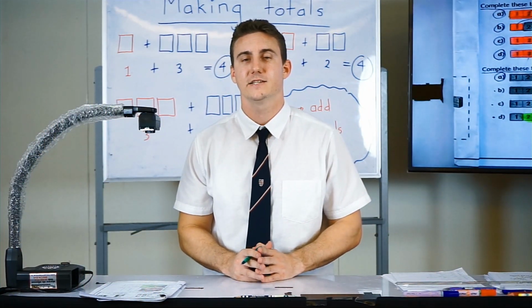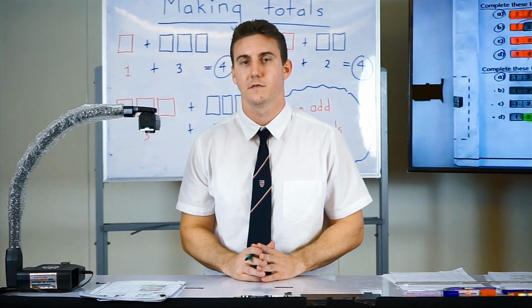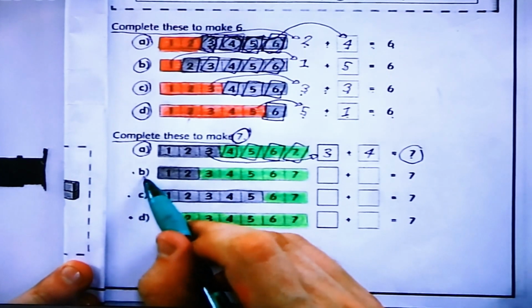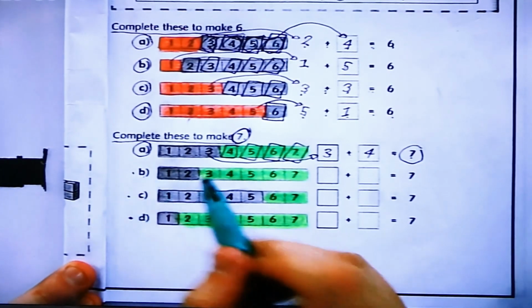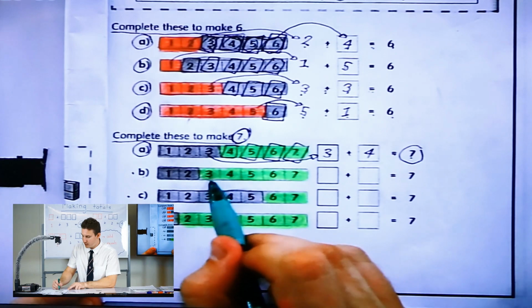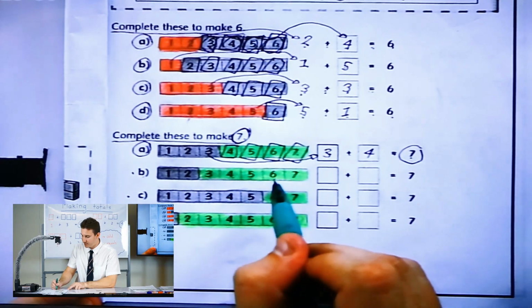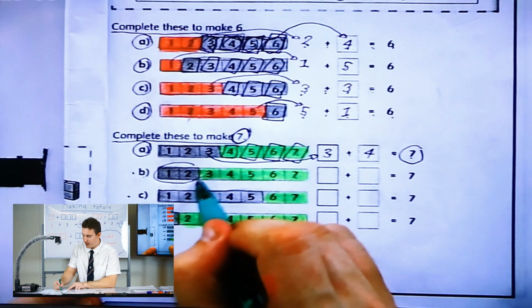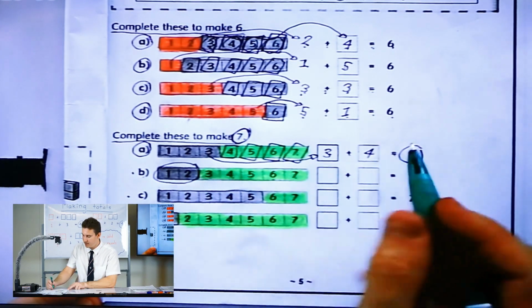Okay, students, let's go over the answers from the last example. So let's move to example B. So we have 1, 2, 3, 4, 5, 6, 7. And how many of them are gray? 1 and 2.